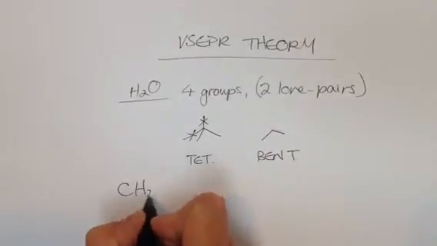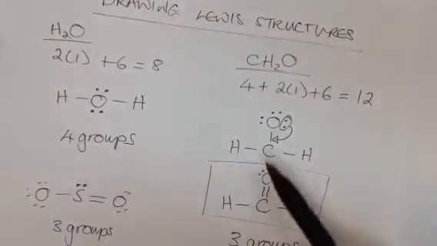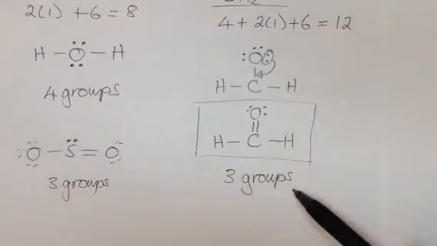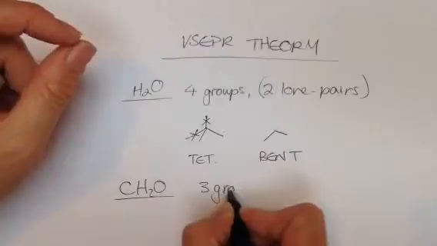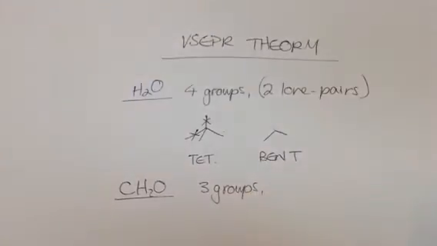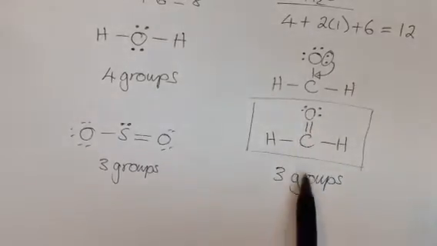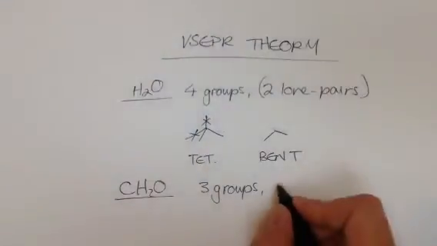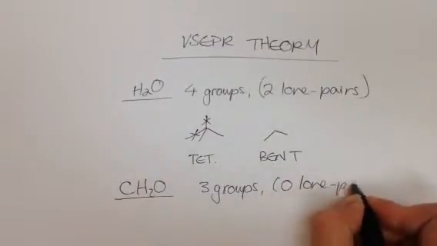Let's do our other example. Okay, so formaldehyde has 3 groups on the central atom. Remember, we're really just concerning ourselves with the central atom, so it doesn't matter what's going on with the terminal atoms. We've got 3 groups on the central atom and no lone pairs on the central atom.